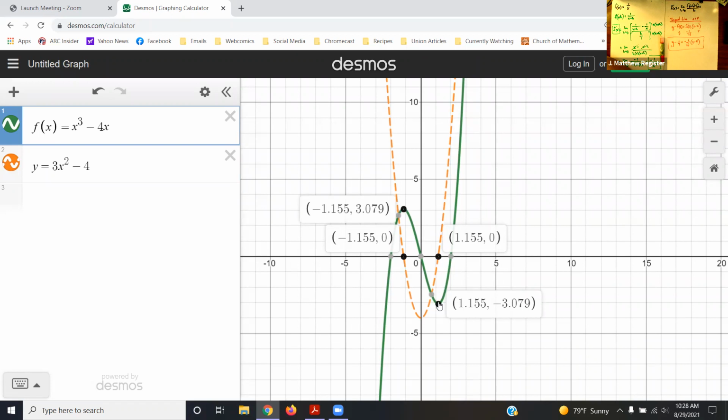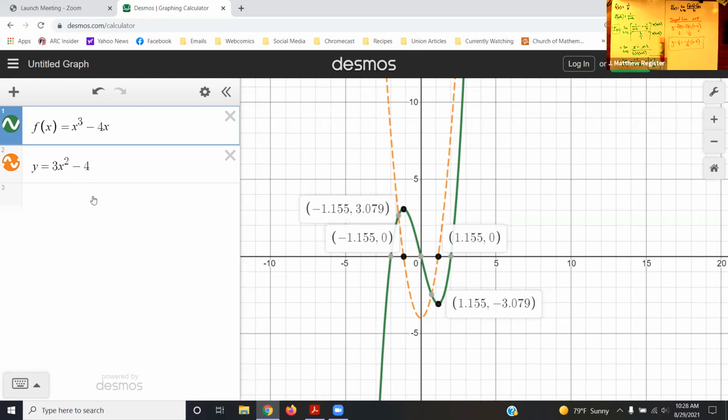Then our green function is flat again. It's got a slope of 0 at that point, and that corresponds to our orange function being 0. After that point, our green function is going to be increasing, which means that our derivative is going to be positive. And so that's how these two things are connected.